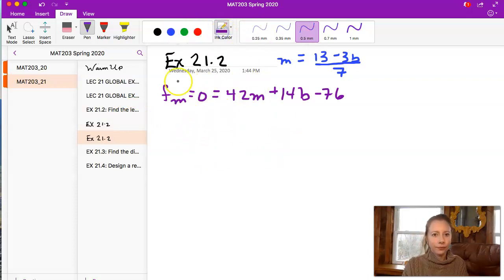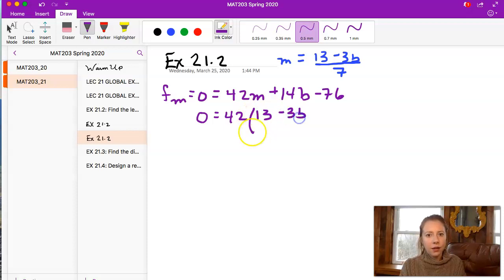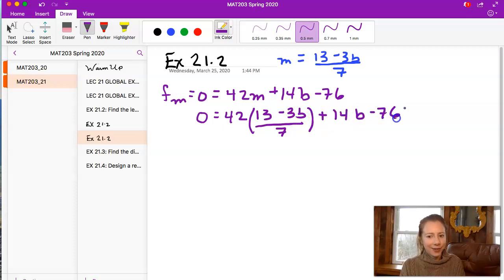So now we have 0 is equal to 42 times our m, which is 13 minus 3b over 7, plus 14b minus 76.